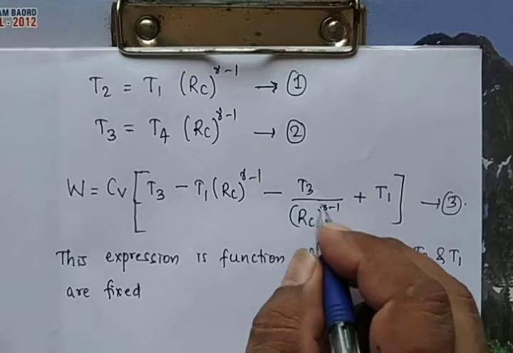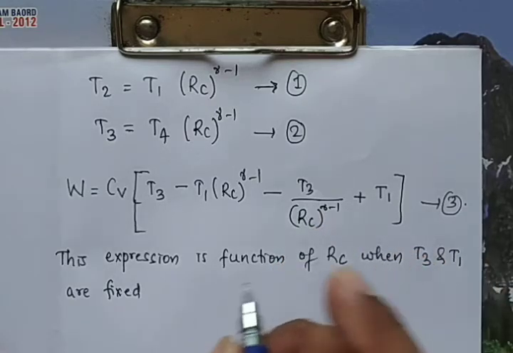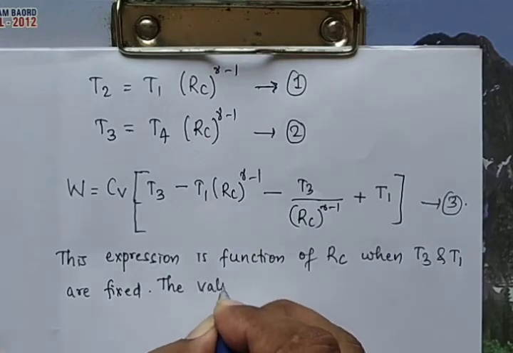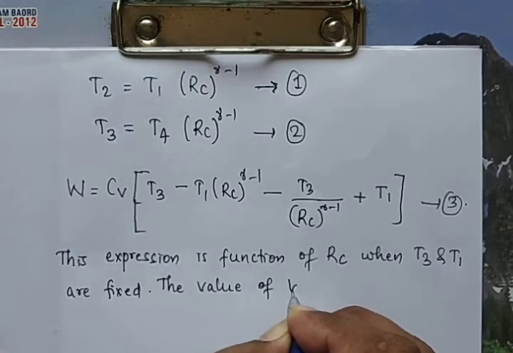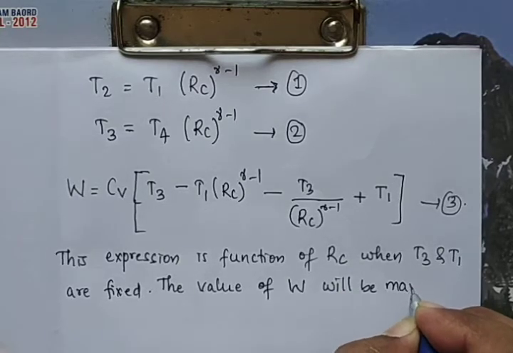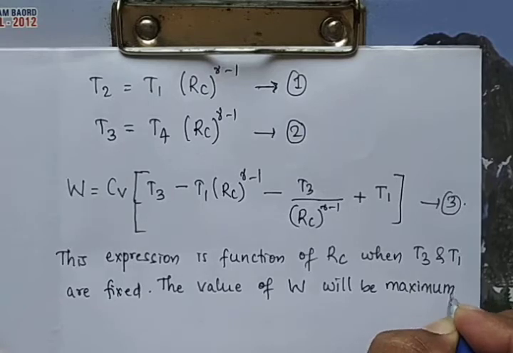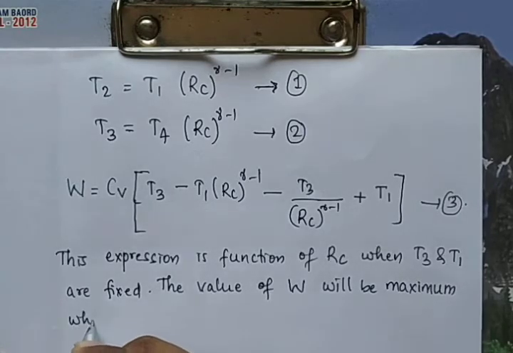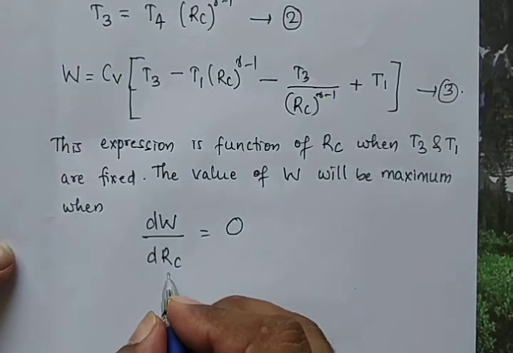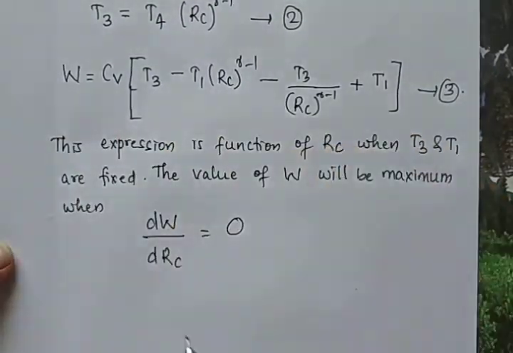So differentiate this equation with respect to rc, you will get the maximum work done. So the value of W will be maximum when, just now I said, dW by drc is equal to 0. So when I differentiate the above equation with respect to rc, I will get maximum work done.